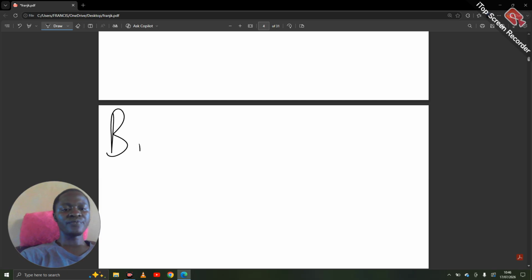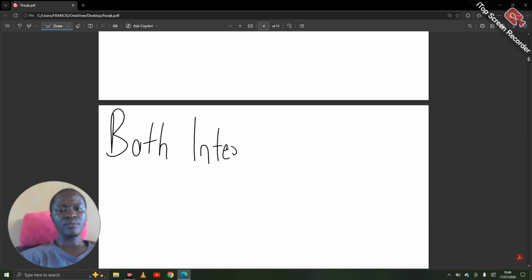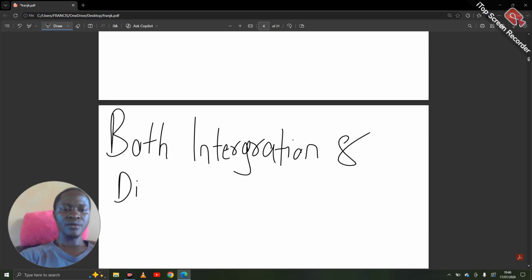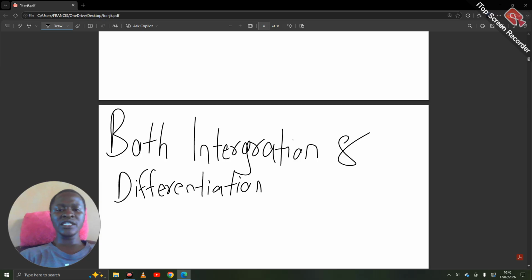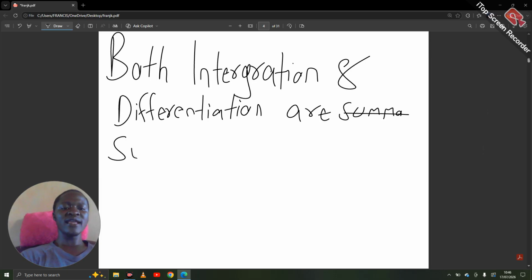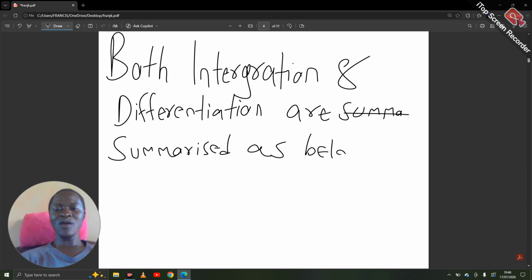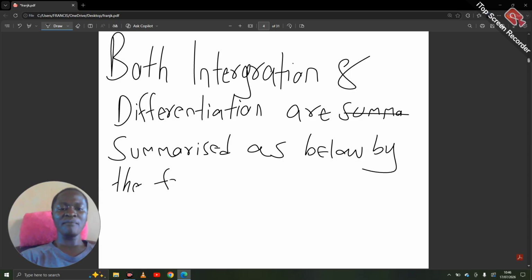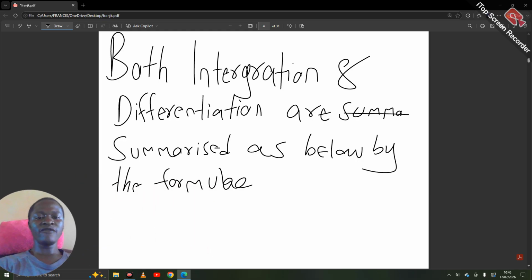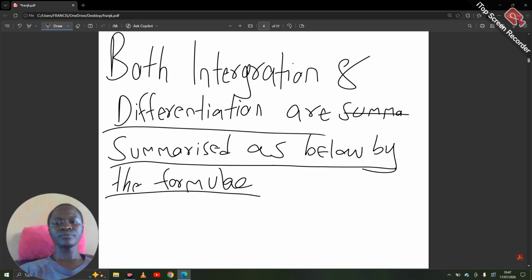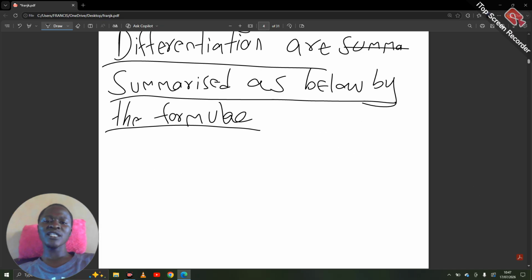I'm always summarizing now. Both integration and differentiation are summarized as below by the formula.